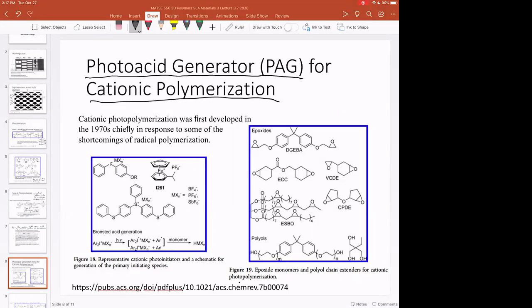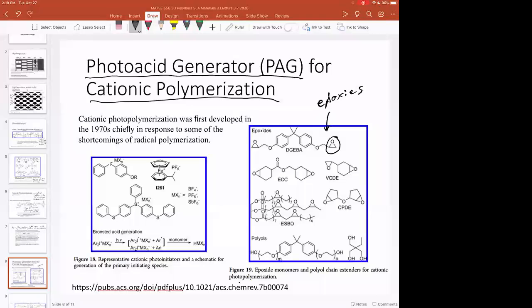Cationic polymerizations are used for epoxides or epoxies. Epoxide is this little functional group right there. So it's a 3-membered ring with an oxygen in it. So that's called an epoxide functional group. And epoxy is the material. And so just like your 2-part epoxy that you squeeze out of the dual syringe from the hardware store, it's the exact same chemistry.